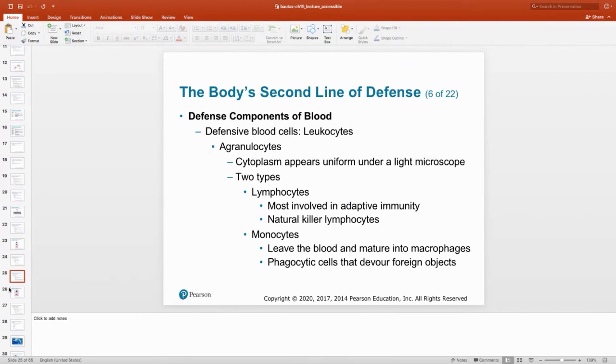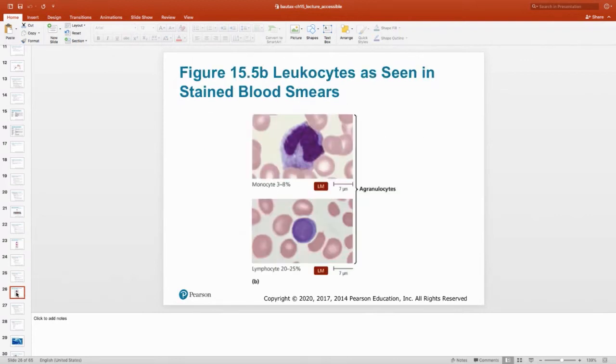Now the agranulocytes, and we're going to look at these here. These are agranulocytes because their cytoplasm doesn't look as distinct, it doesn't look granular. Their cytoplasm appears uniform. There are lymphocytes and monocytes. This is the monocyte, and it leaves the blood and matures into something called macrophages, which are phagocytic cells, and they devour foreign objects.